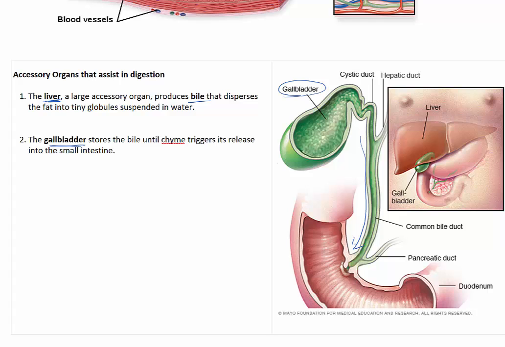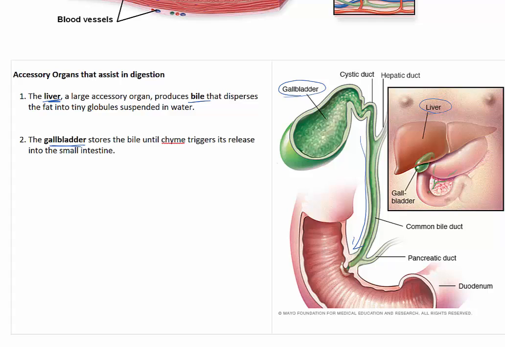The liver's other functions include detoxifying alcohol and other harmful substances in the blood, storing glycogen and fat-soluble vitamins, and synthesizing blood-clotting proteins. The liver receives blood that is full of nutrients from the intestine. It removes bacteria and toxins and also claims the first nutrients before they're pumped to the rest of the body.